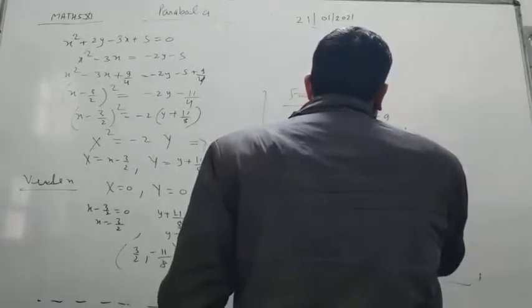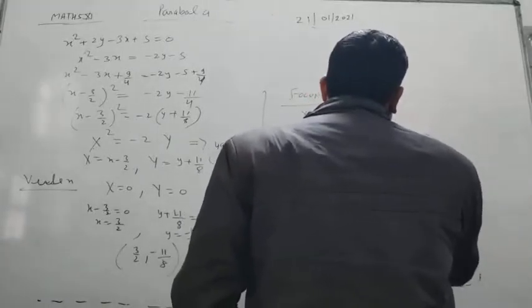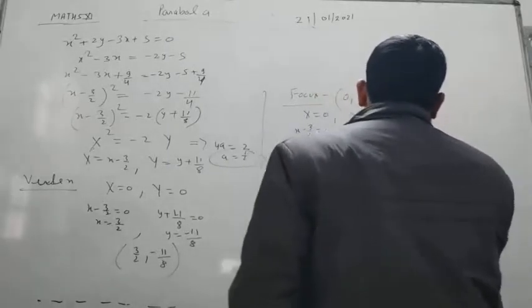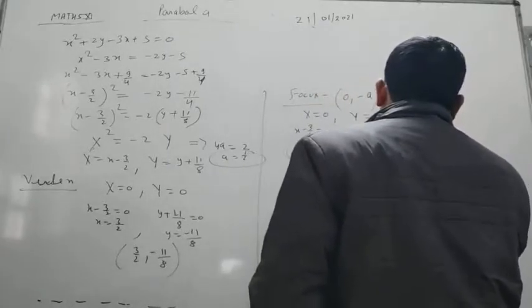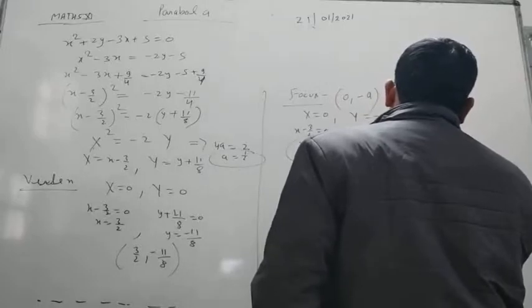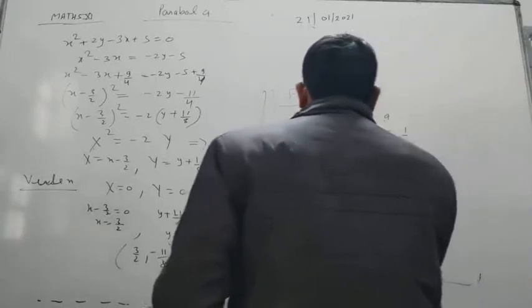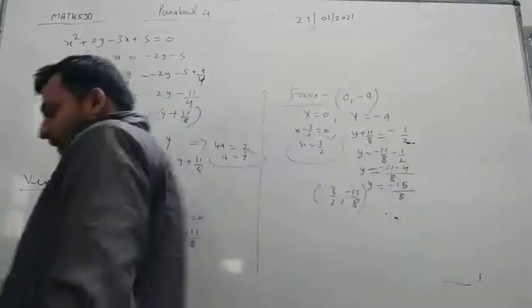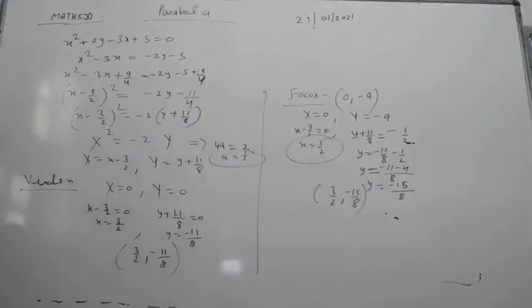So y is minus 11 by 8 minus 1 by 2. So over 8, minus 11 minus 4. So y is minus 15 by 8. So coordinate is 3 by 2, minus 15 by 8. Okay, students. So our focus is 3 by 2, minus 15 by 8.